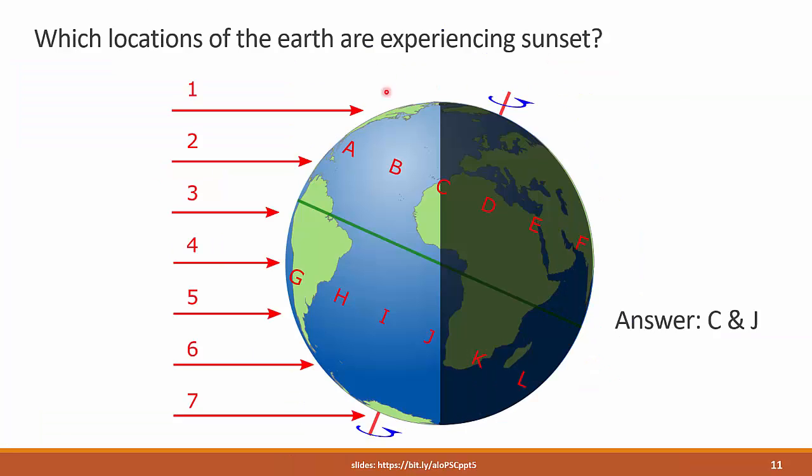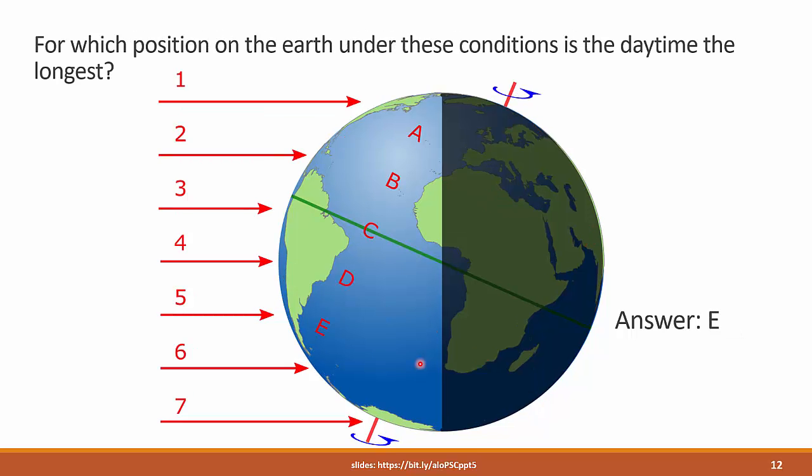Okay, notice here which parts are experiencing sunset. Since the Earth is rotating like this, it's going to be C and J. Where do we have the longest daytime?